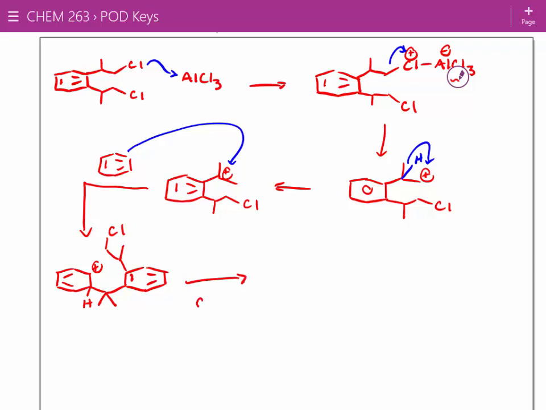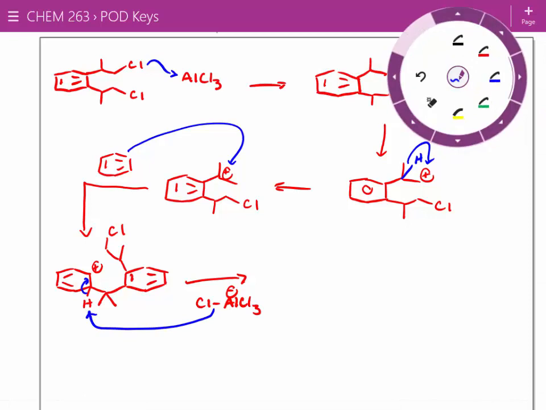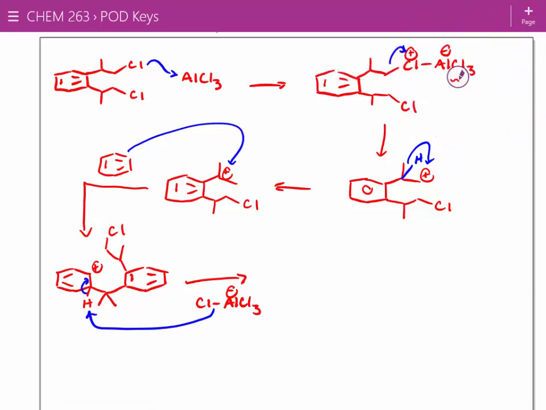All right, so now we've got this aluminum tetrachloride complex. And this can act as a base to re-aromatize the ring, giving us back our aromaticity.